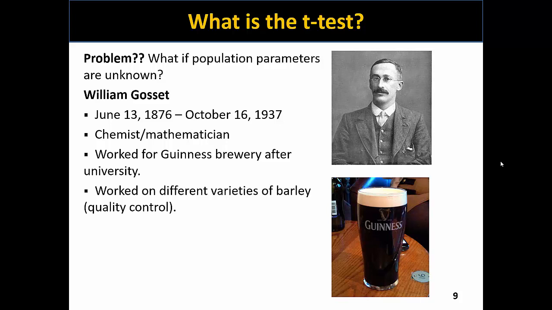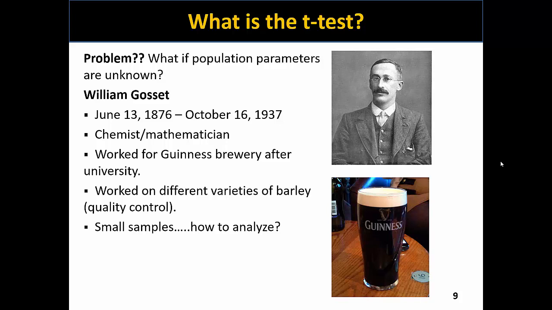But one of the problems that Mr. Gossett encountered was that he had only very small samples to work with, and the statistics of the day were all based on much larger samples that were very close approximations to populations. This posed a problem in terms of trying to relate very small samples, which have very different types of statistical distributions, back to the population.